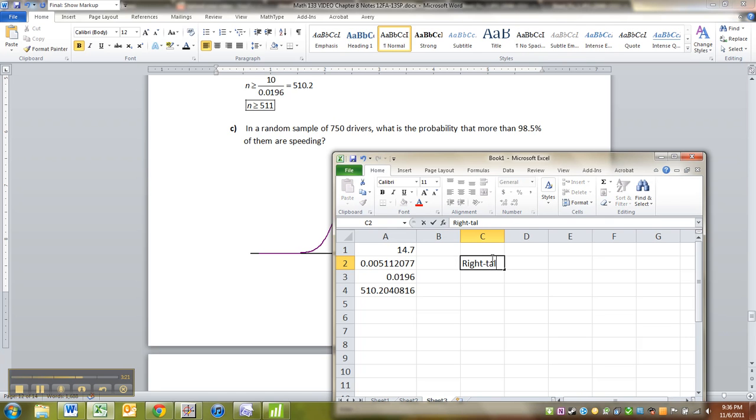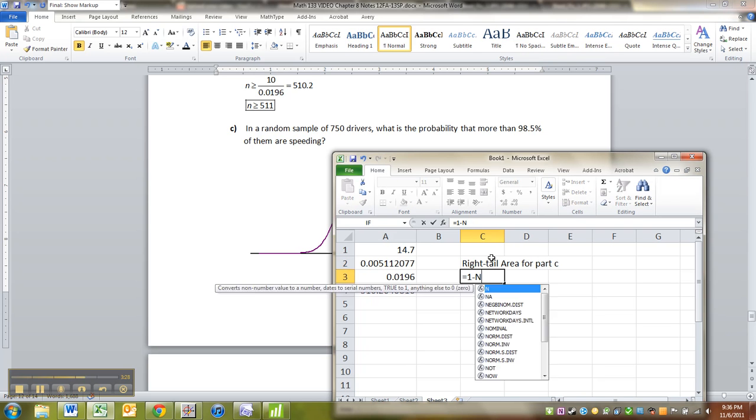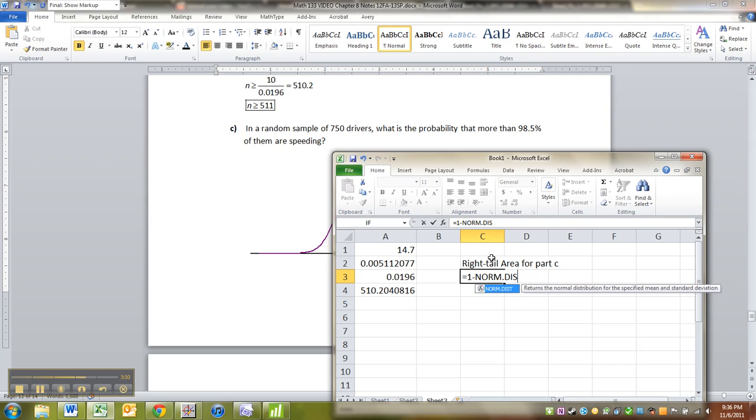Right tail area for part C. It's going to be equal to 1 minus norm dist. Norm dist wants x, which is 0.985, the mean, which was 0.98, and the standard deviation. It's easier if I reference that cell right there, because that's where I found it before.